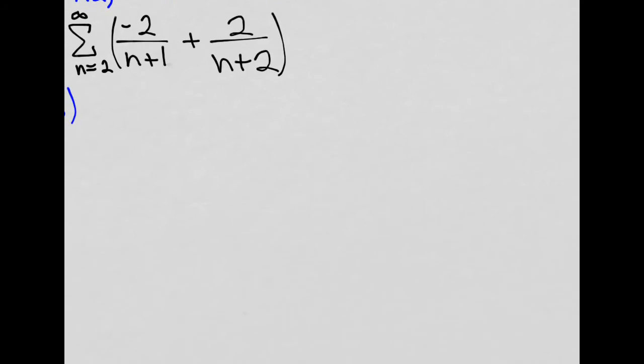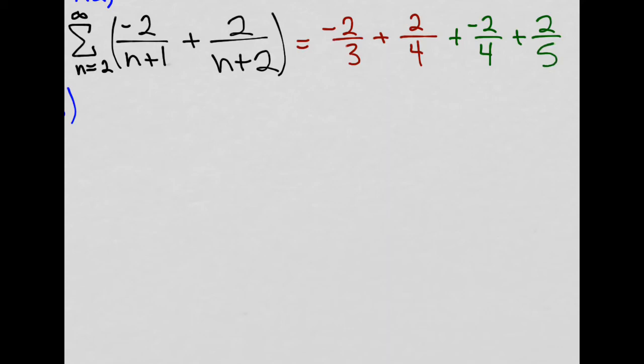So let's start listing out the terms. So when we plug in 2, we get 2 over 3 minus 2 over 4. Okay. And then next term, when we plug in 3, we get 2 over 4 minus 2 over 5.